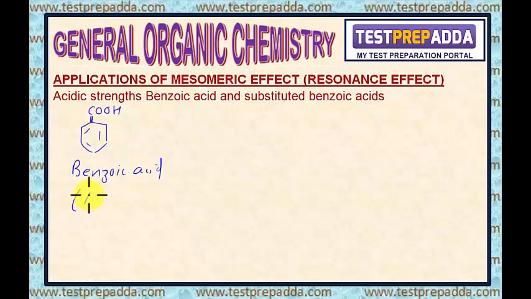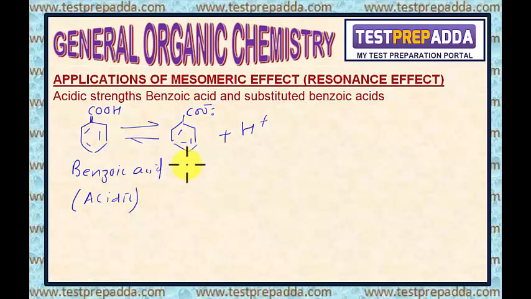This benzoic acid is acidic in nature because it can release H plus, giving carboxylate ion. So this is a protonic acid. It releases a proton.